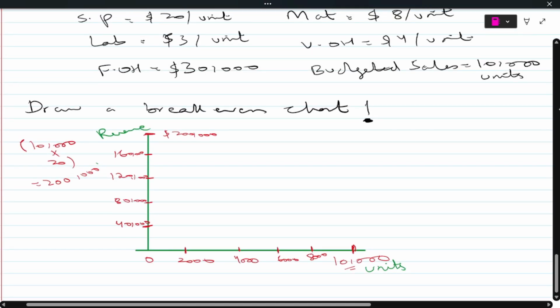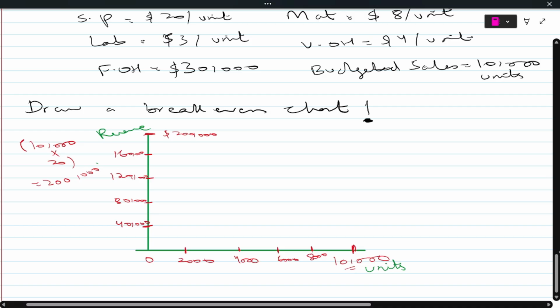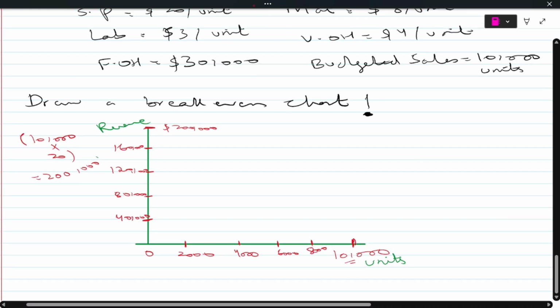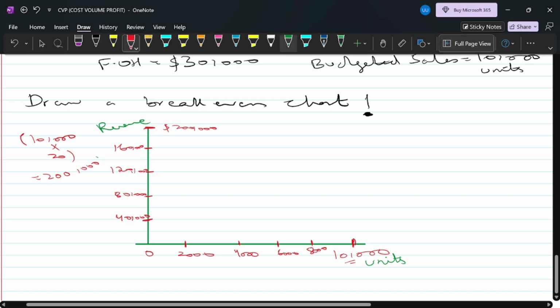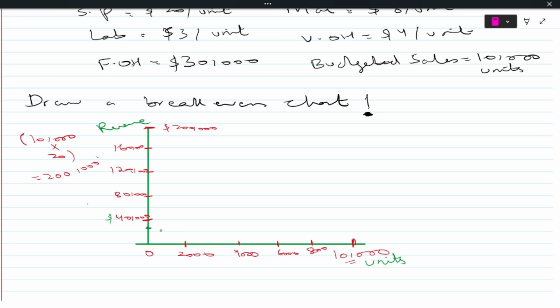Look at the question. It says the fixed overheads are $30,000. So $30,000 is your fixed overhead. So this is $40,000. $30,000 is going to be somewhere over here, for example, right?